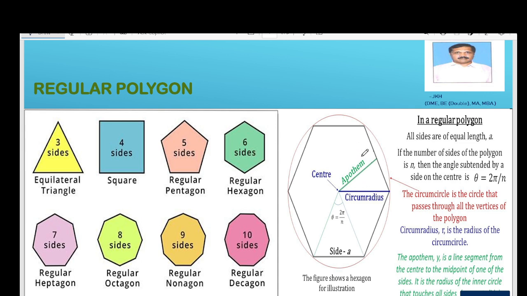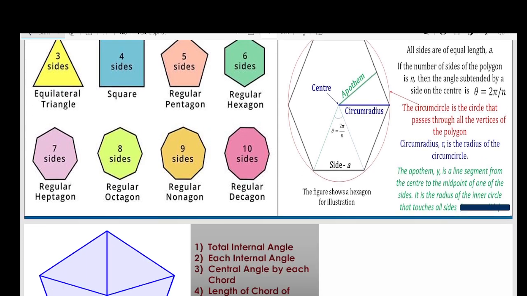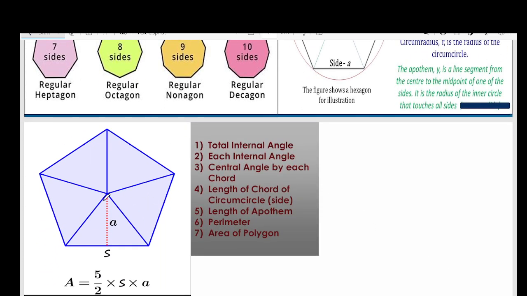In the question, this is the type of question they will generally ask. They may ask the length of the apothem, the length of the side.